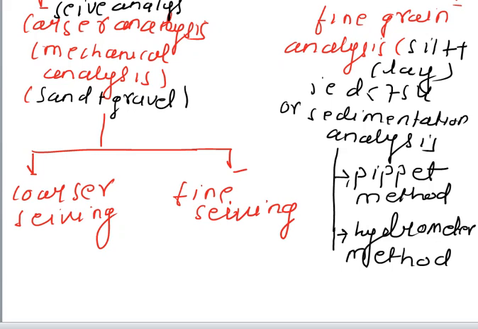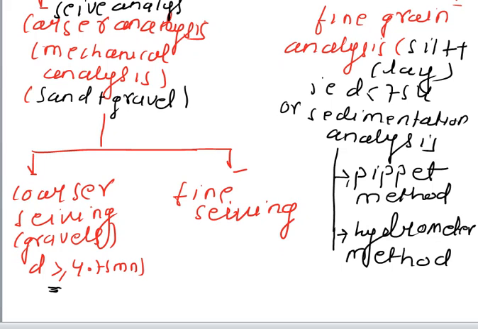Now this coarser sieving is for gravels, D greater than equal to 4.75 mm. Make a note here that I have written greater than equal to. This is important. Why greater than equal to? It will be clear in coming sections.